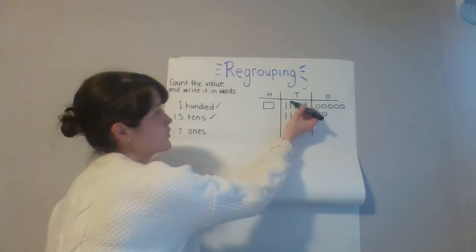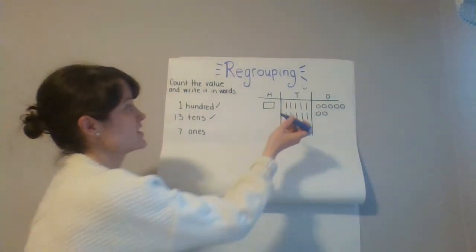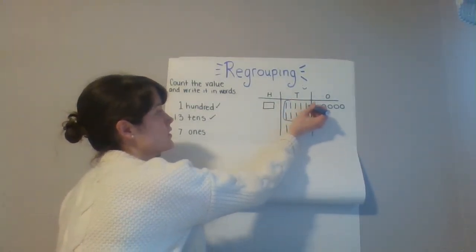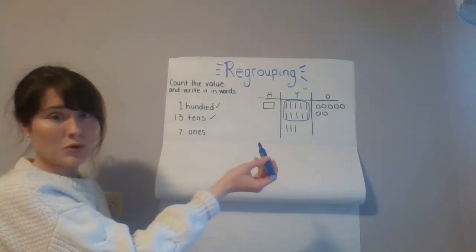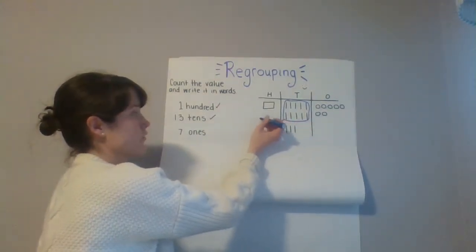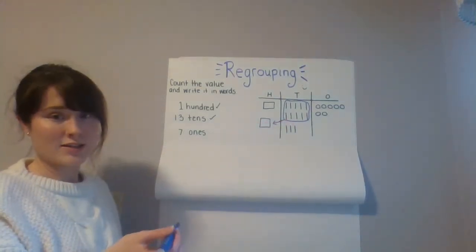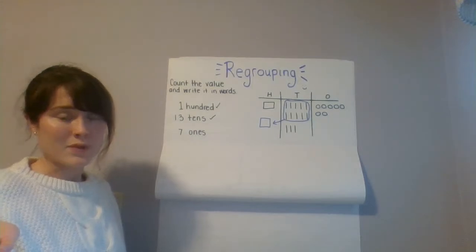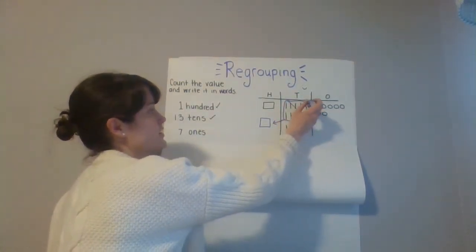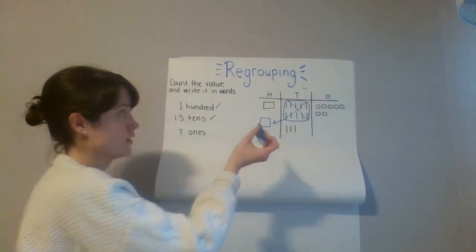So I'm going to group together 10 sticks, and I am going to exchange those 10 sticks for a hundreds block because 10 tens is the same as 100. Now I can put an X here because those 10 sticks have moved next door as a hundreds block.